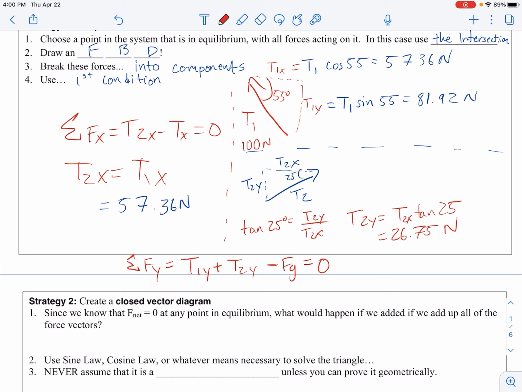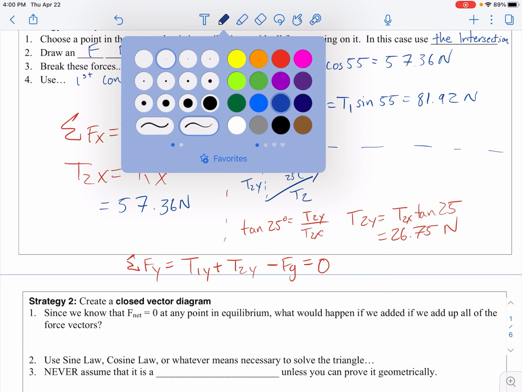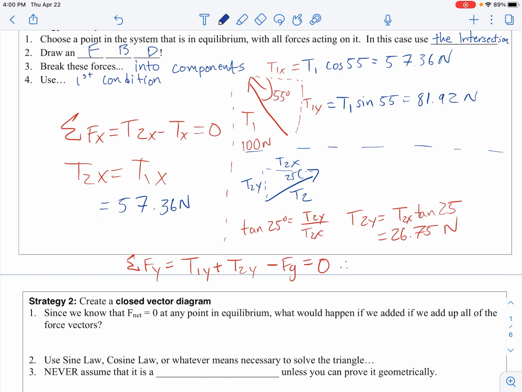These are all in equilibrium together, so T1y plus T2y equals Fg. The two y components of the two cables are holding up the gravitational pull of the sign.